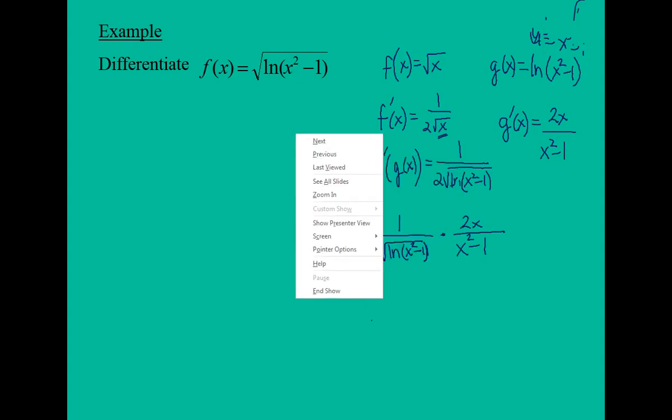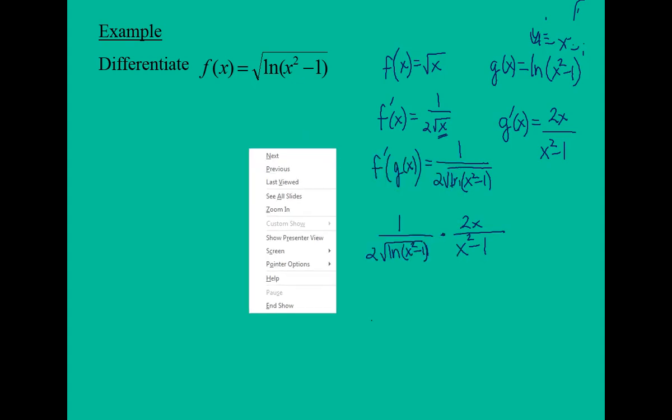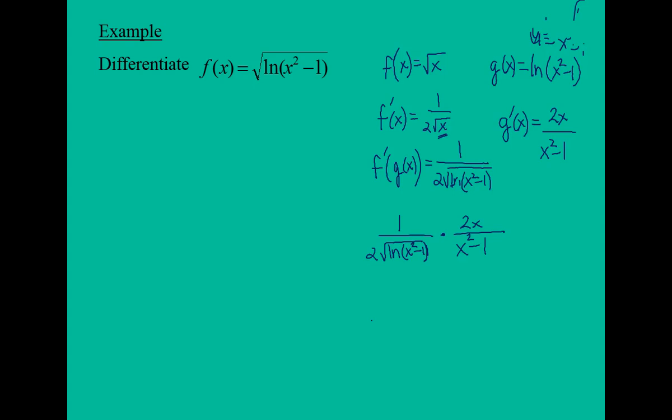And we could actually simplify this a little bit. We could reduce the 2's and then write x over. So we would reduce our 2's and we would have x divided by the square root of ln of x squared minus 1 times our x squared minus 1.